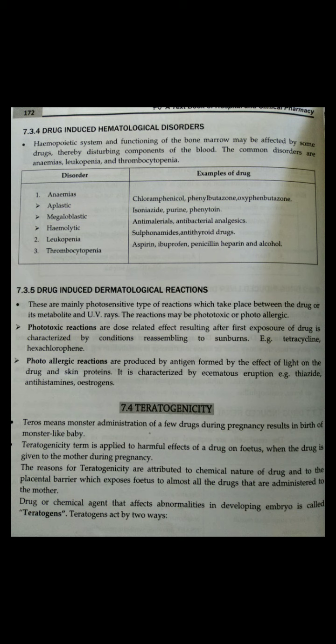First, they act directly on the fetus during the organogenesis phase, that is the first 16 to 58 days of the developing embryo. Drugs like thalidomide, methotrexate and androgen act directly on the fetus by affecting cell division, protein synthesis and DNA synthesis.